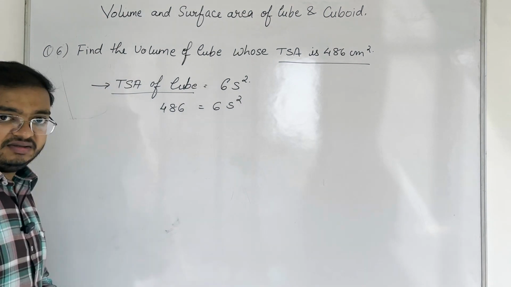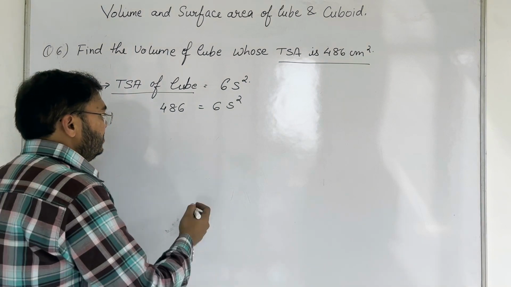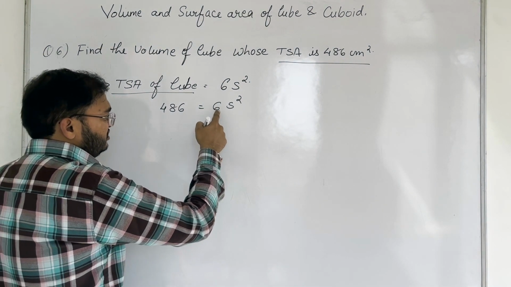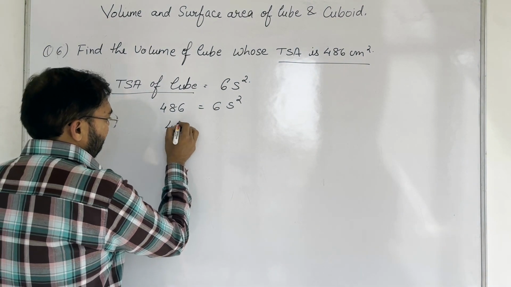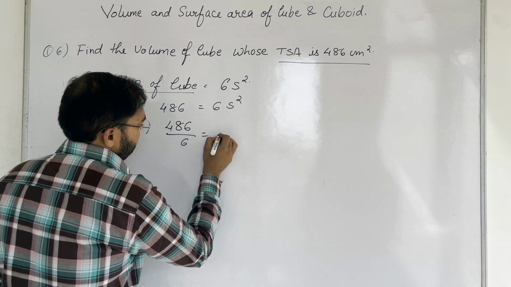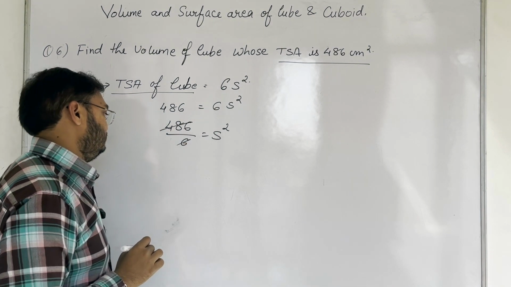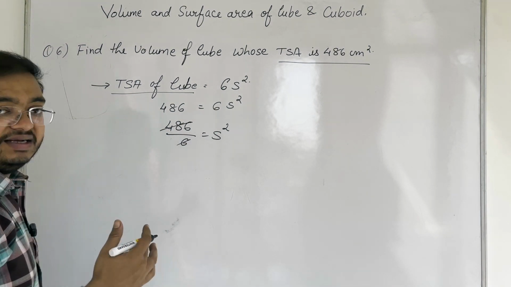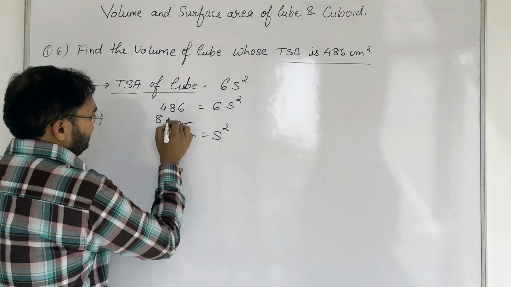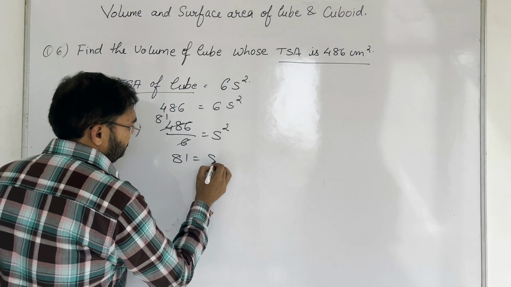We don't know the side. Fine, we can find the side. So to find the side, first of all, this 6 will be shifting from right to left, so it will go in division, which is equal to side square. When I divide, 6 9s are 54, 6 8s are 48, and 6 1s are 6. That means 81 equals side square.